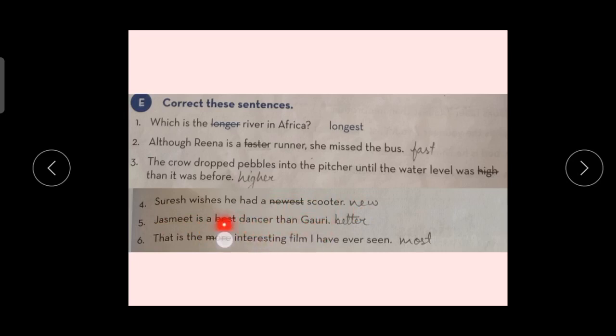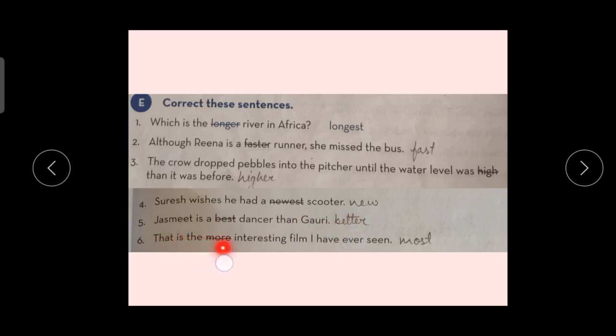Better should be used. Comparative degree is given here because we are comparing Jasmeet and Gauri together. That means we have to use the comparative degree here. Best, we will cut off best and then we will write better at the end of the sentence.